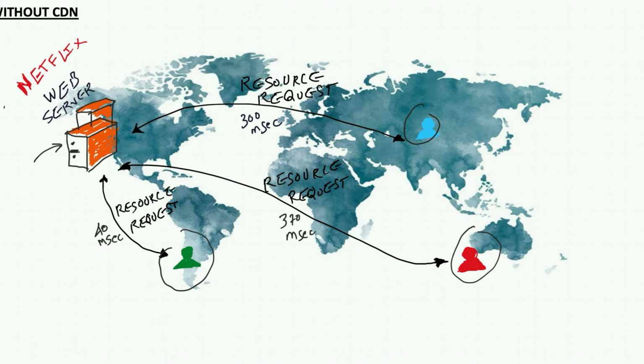So due to higher round trip time or latency, loading of the videos on Netflix will be slow for the China and Australian users in our example, which will lead to frustration in the user.